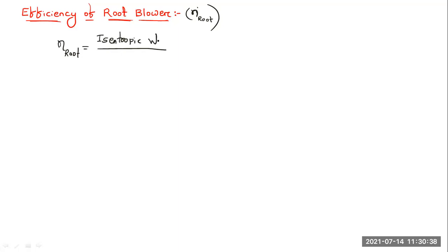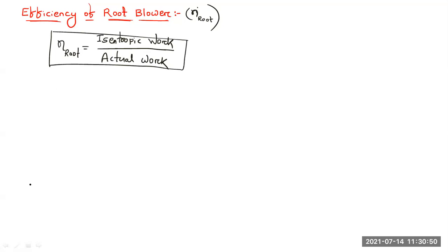The efficiency of a root blower is denoted as eta root. The efficiency of a root blower is the ratio between isentropic work and actual work.